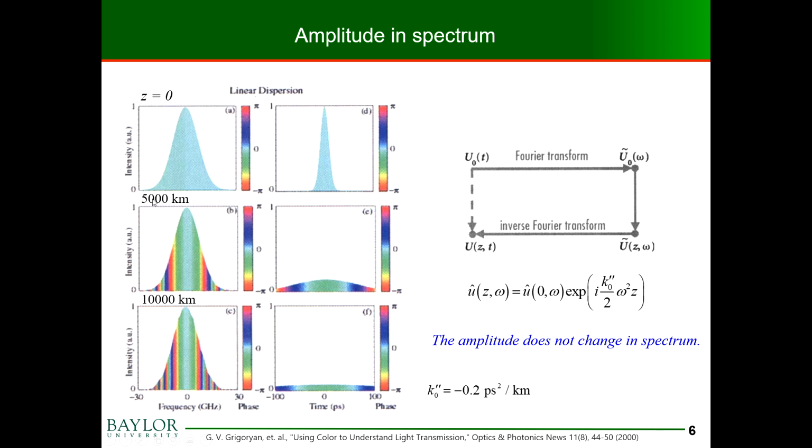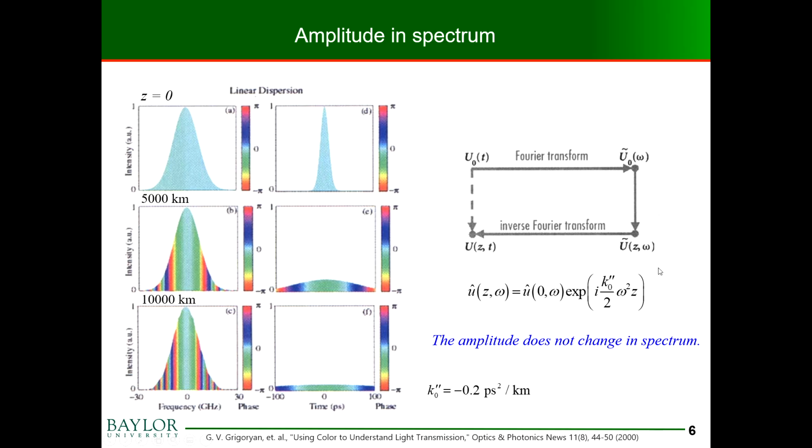After propagation of 5,000 kilometers, you can see that in the spectrum there is no change in amplitude, but it changes the phase. The color bar indicates the phase, but the envelope has no change. Why?